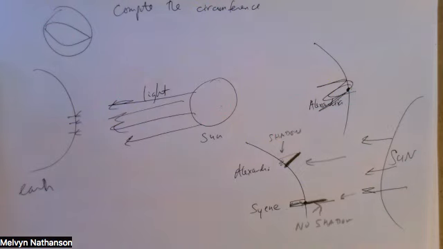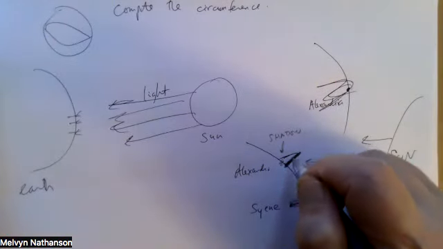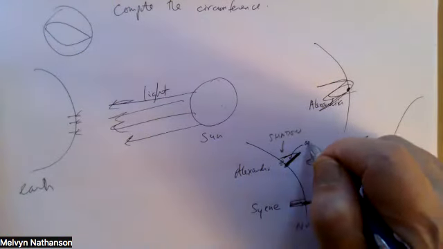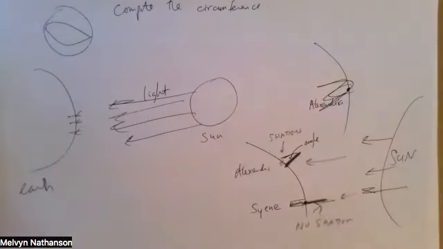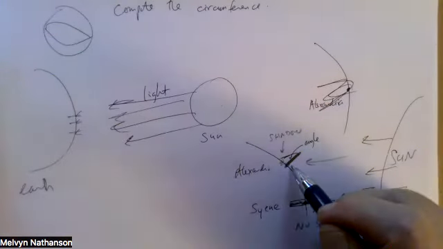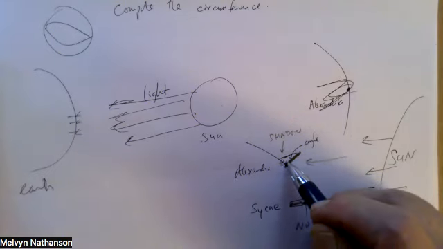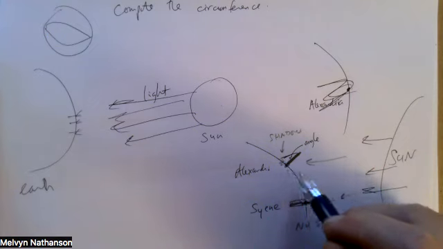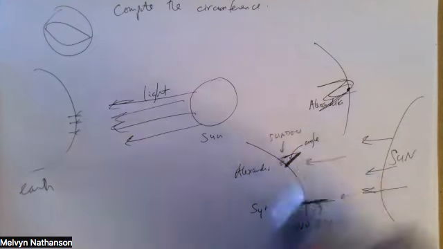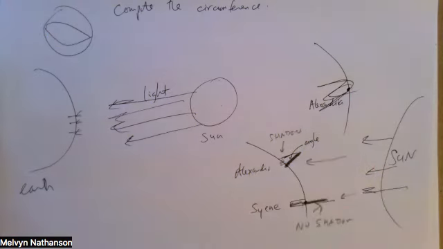And you can measure this angle, right? Because you have a triangle. You have this side, this is a right angle. You know this length. This is approximately a right triangle. So you can figure out what that angle is.